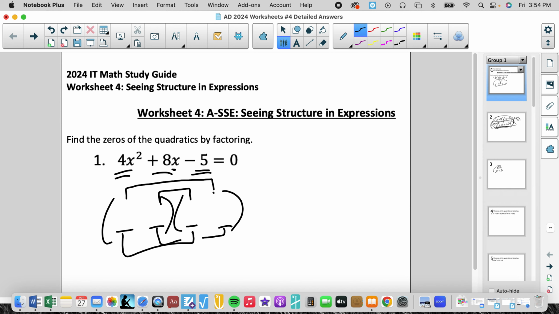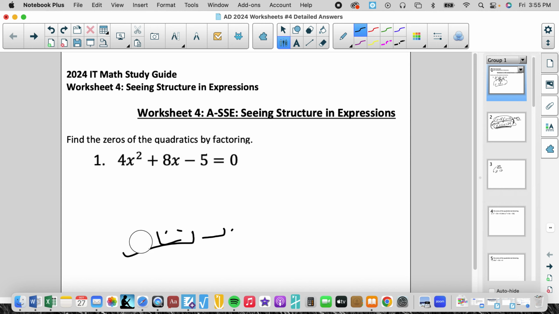Remember, your inside is a product, your outside is a product, and then we're going to add them together, and that gives us our middle term. And herein lies the difficulty of jumping this quickly into academic decathlon material without building the base. We have done 0 building of the base. We touched on it a little bit in worksheet 3. So you have quite the daunting task.